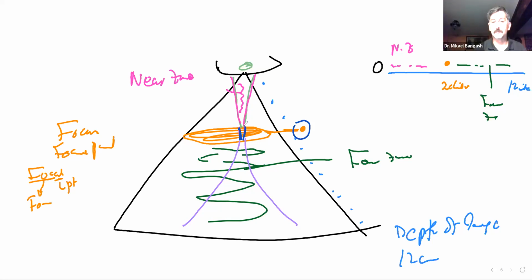Did that make sense? So that's where the beam will get to its narrowest diameter, after which it just goes into the far zone. Did that make sense?